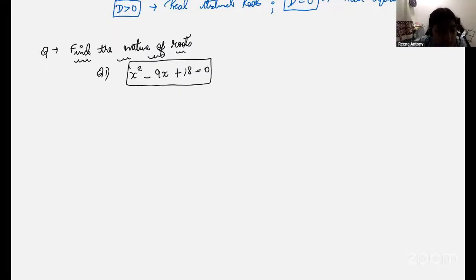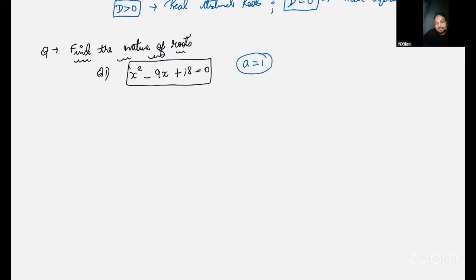No, a is the coefficient of x square. Then what is it? Nothing is written, so you have to consider it as 1.